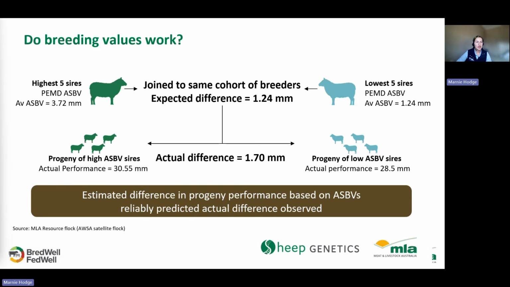Of those 5 highest sires for genetic merit, the progeny performed on farm with an average PEMD of 30.55. They then looked at the actual progeny performance of the 5 lowest sires based on their genetic merit, and they performed at 28.5 mil. So that translated to an actual difference of 1.7 mils. So really, really high alignment between the estimated genetic merit of those sires and how their progeny actually performed.